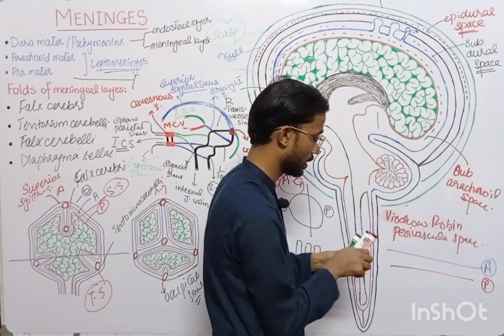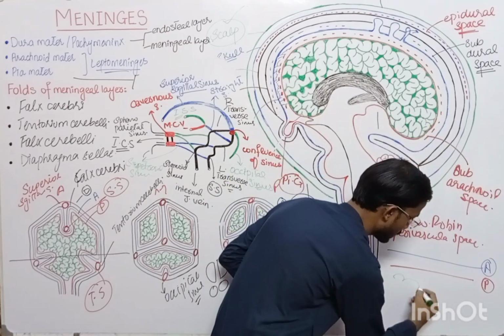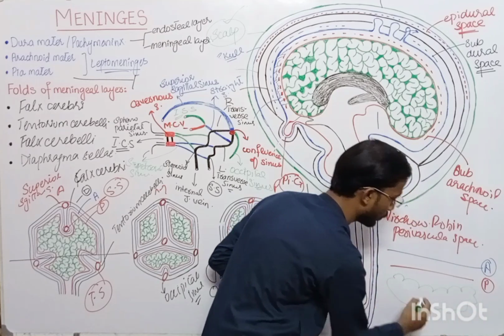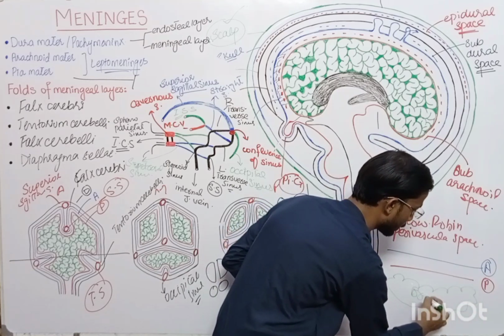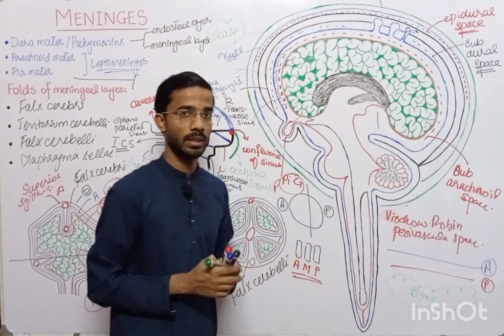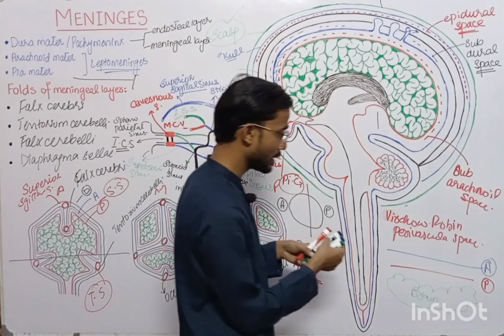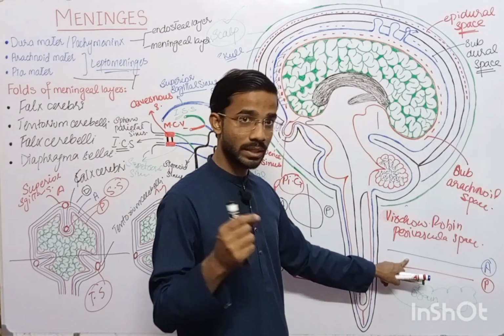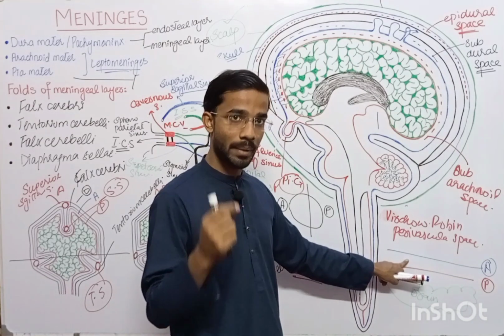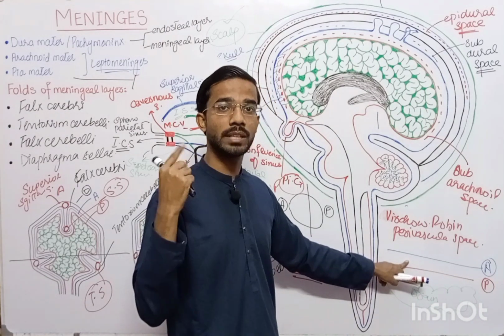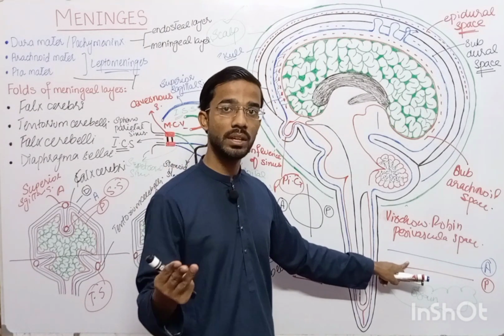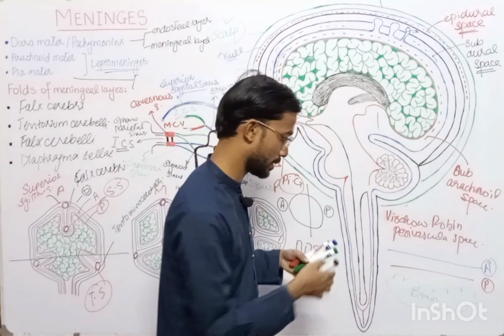And this one is the part of the brain. This is the brain. And here you can see what things are present in the subarachnoid space: three things, cerebrospinal fluid, nerves, and the cerebral veins.